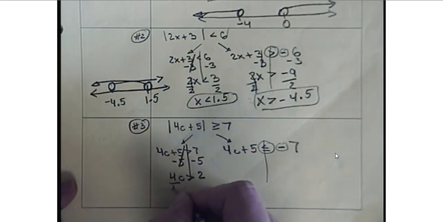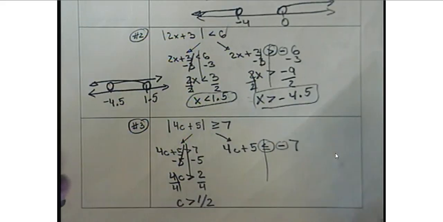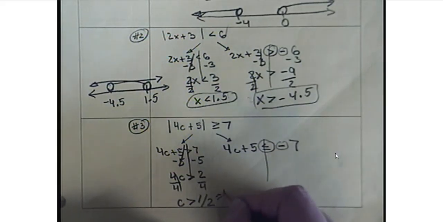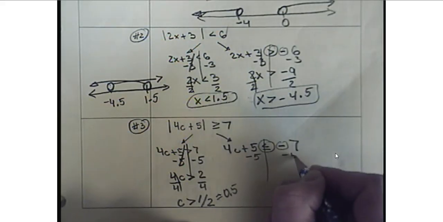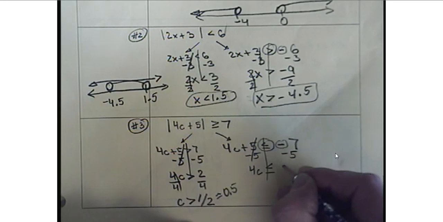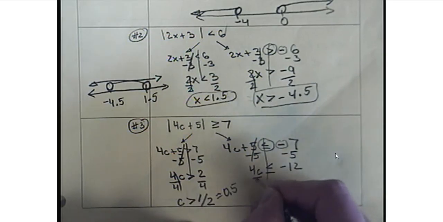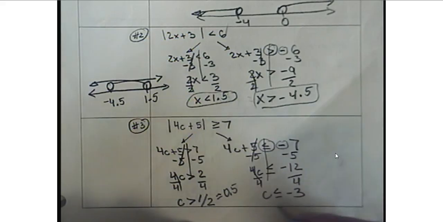We'll divide by 4, so c is greater or equal 1/2, or also 1/2 is 0.5. Next one will be minus 5 on each side, those two cancel, so c less or equal negative 12 divided by 4, c is less or equal negative 3.